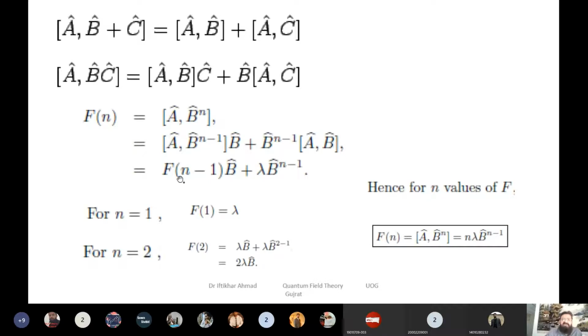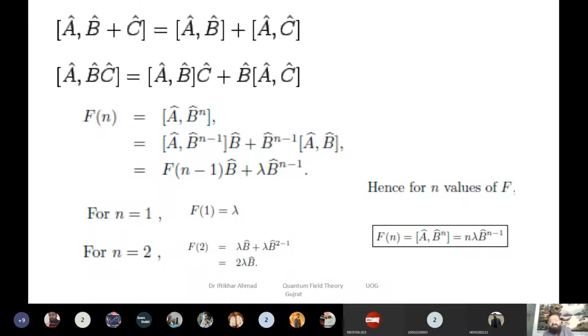So again you put f1 equal to lambda, lambda plus lambda, you get 2 lambda b. So you can apply this for n equal to 3, n equal to 4, n equal to 5, and so on.